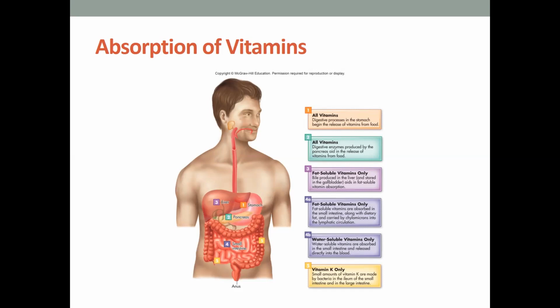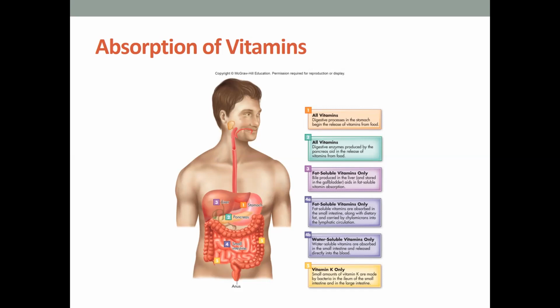We know that digestive enzymes produced by the pancreas also help release the vitamins from the food. Here's where we start to have differences. Fat-soluble vitamins only will require bile from the liver, and of course, we store a little bile in the gallbladder. That's going to help make that fat-soluble vitamin be absorbed.